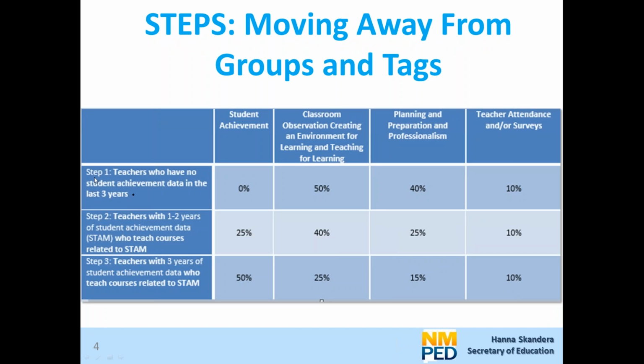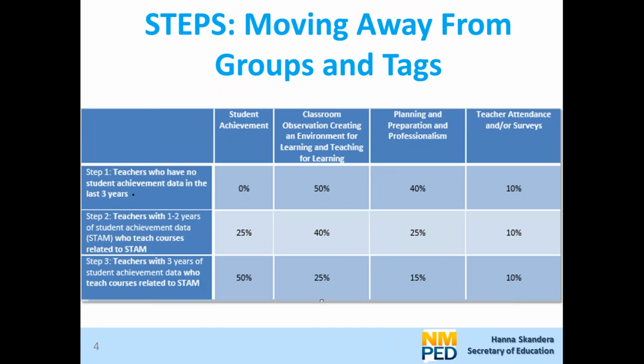Digging into the steps, you can see that there are now 3 steps, and each of the columns represents the various criteria of the evaluation system. So no longer do we have groups, Group A, Group B, Group C, or tags, tag 1 through 13, and levels, elementary, middle, and high school, which formed a daunting number of combinations.